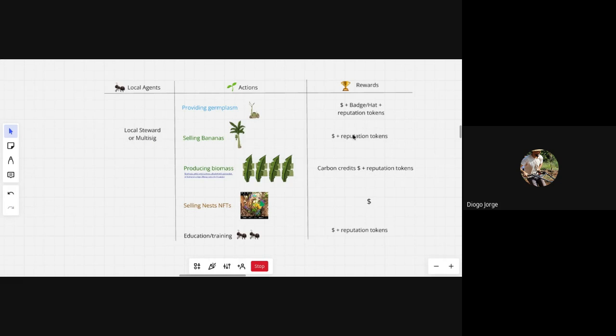Some are financial, but also it's important to have a role in the community, to earn a role, and to earn reputation tokens. So what we are going to share now is a suggestion, a model to reward or to build reputation for the agents multiplying agroecosystems.